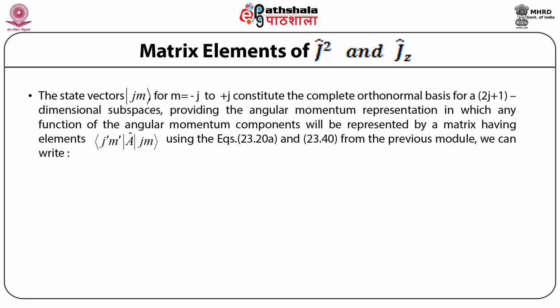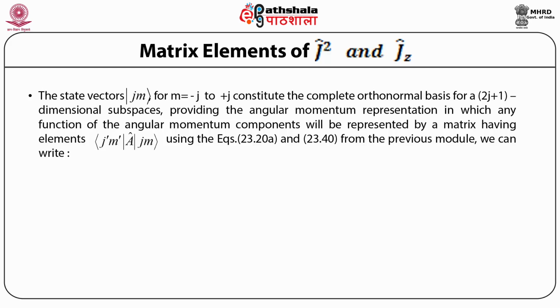If we consider all the elements from minus j to plus j including 0, then the total number of elements is 2j plus 1.